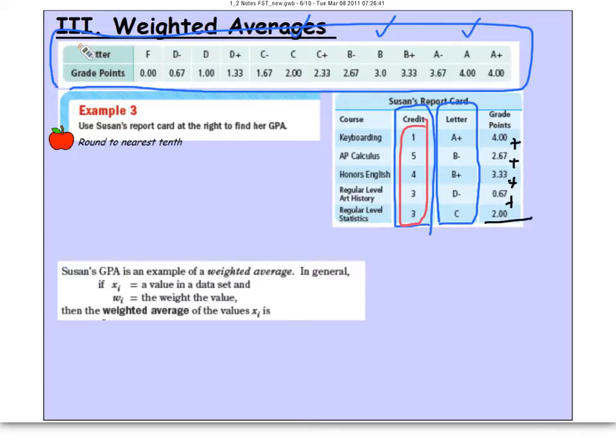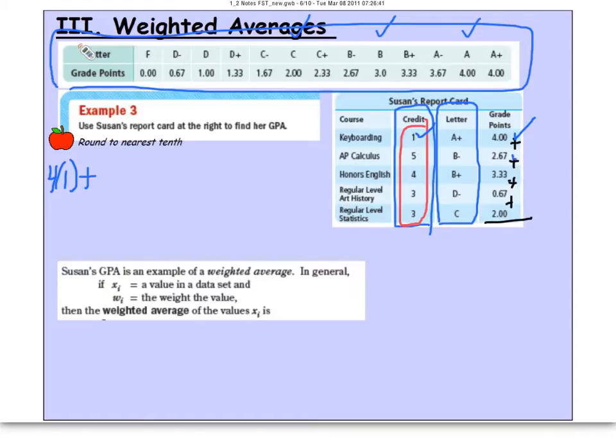So what you have to do is the weighted average. And what the weighted average says is you have to take the value of her data set times its weight. So what you do here is you say, okay, she got a 4.0, but there is only 1 credit. So you would do 4 times 1 credit.